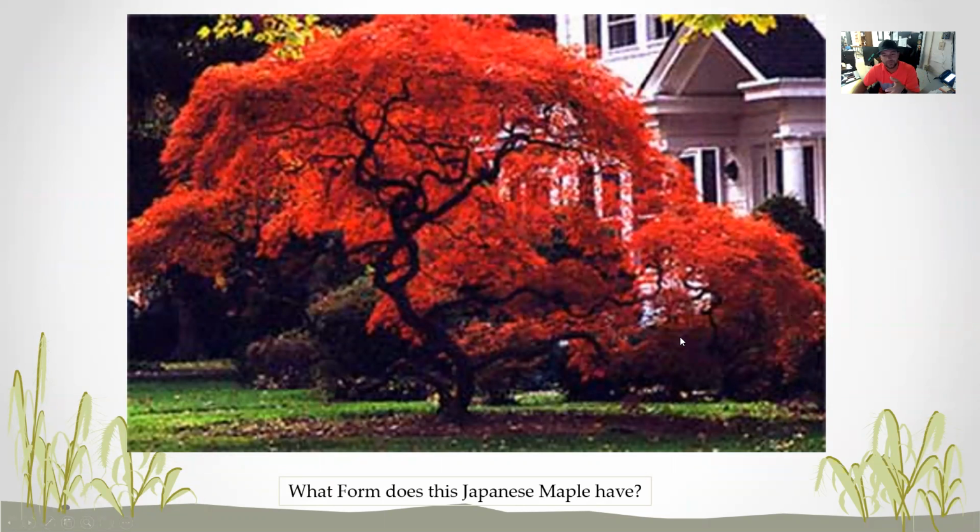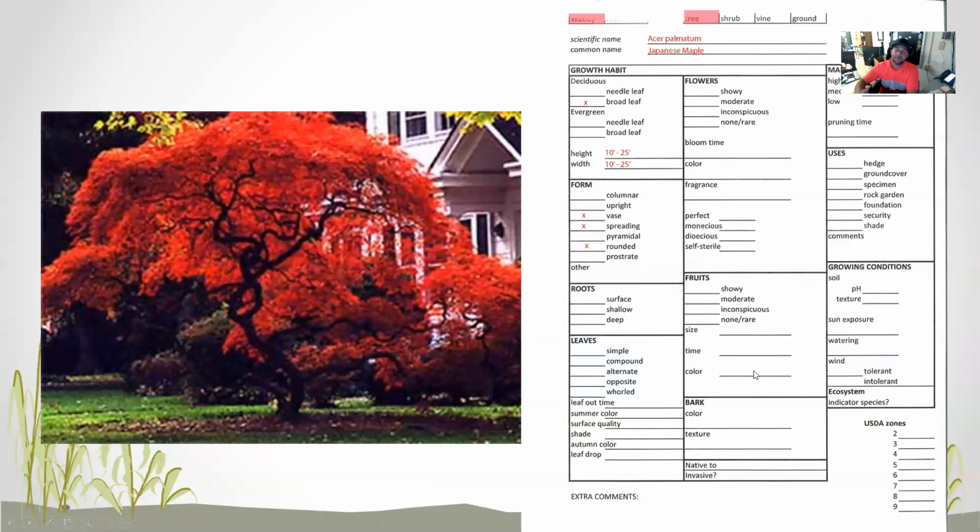We could say it's possibly spreading. So, let's see what we're going to mark it. For this, I marked in a vase because it has a nice vase shape. Spreading, because this tree is going to span out wide over time. And rounded, because we're having a nice rounded top coming out on this guy.